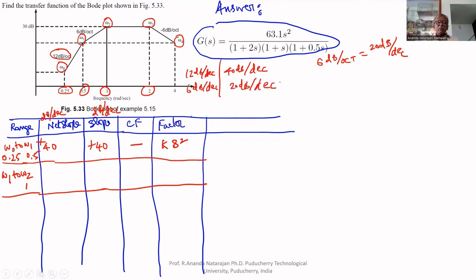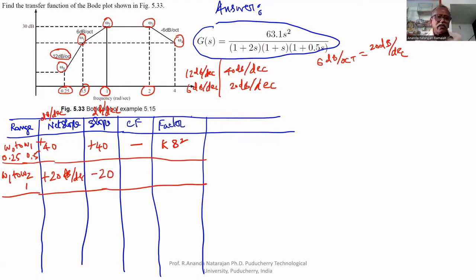So it means the contribution by the factor is minus 20. That's why it reduced from 40 to 20.